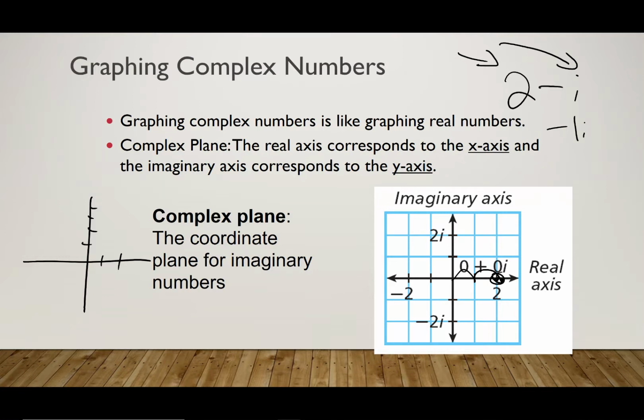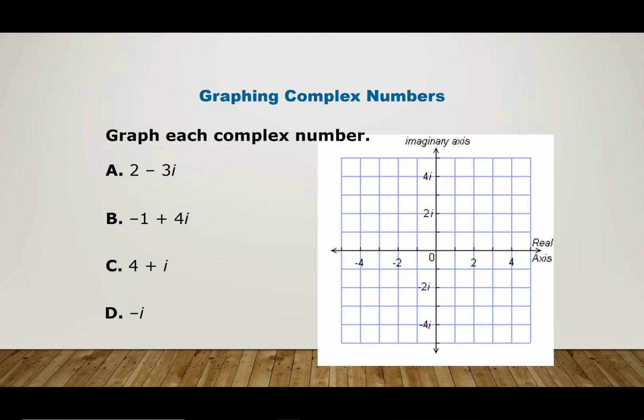So you would go down to negative 1 on the imaginary axis, so you'd go over 2 and down 1, and you would have that point right there. That would be the point 2 minus i on our graph. So it's kind of like graphing any normal ordered pair, but it looks funnier, and for some reason that's interesting to us. Okay, so let's graph a few of these.